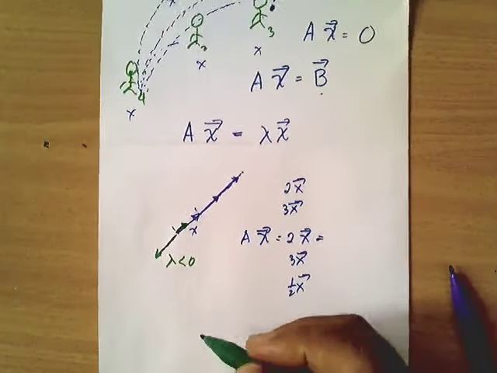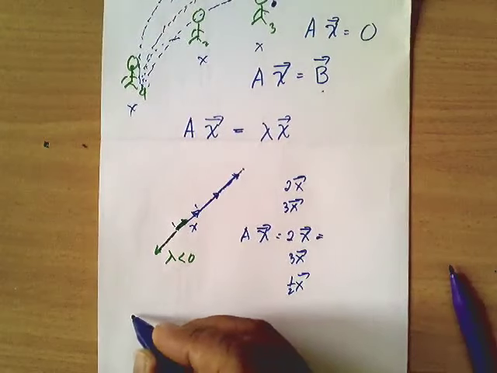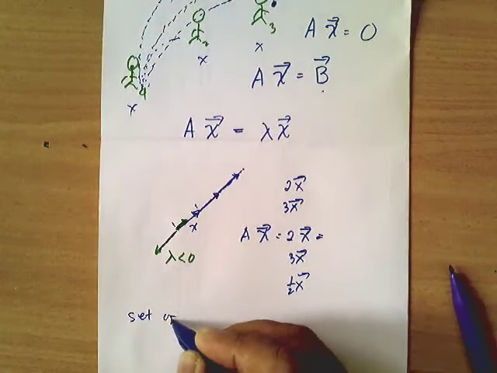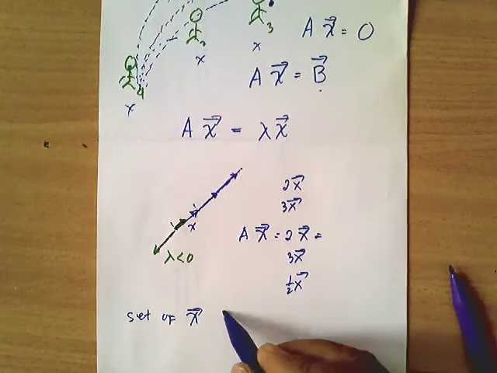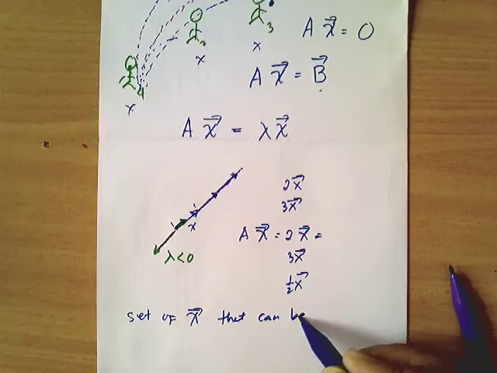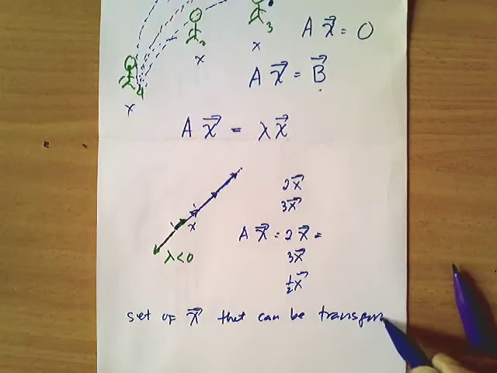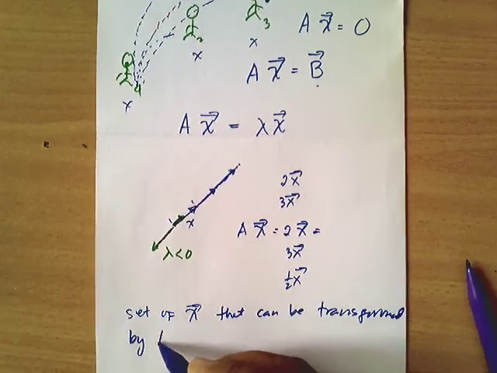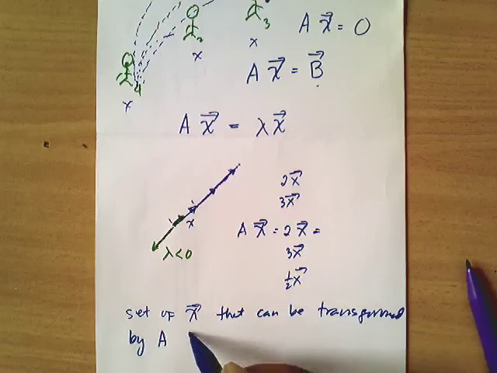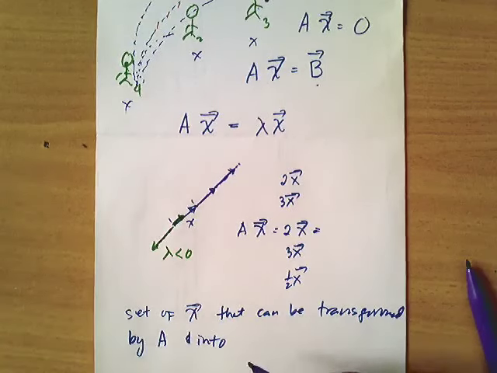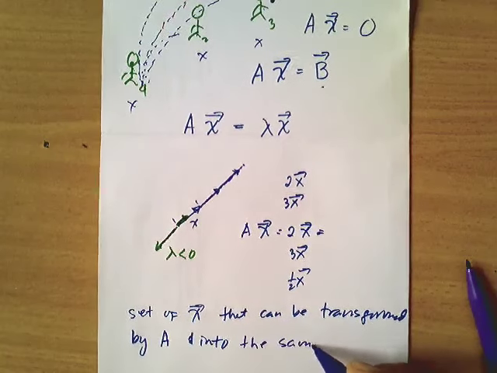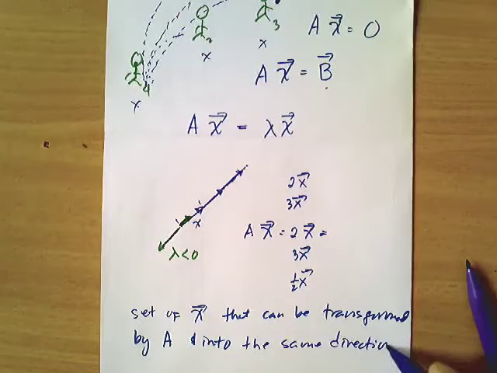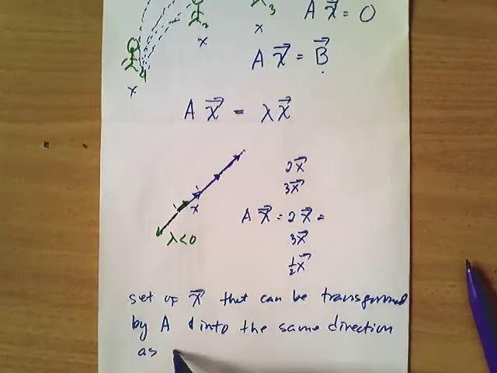We are looking, I'll just write it down here, for the set of vector x that can be transformed by the column vectors contained in A into the same direction as x.